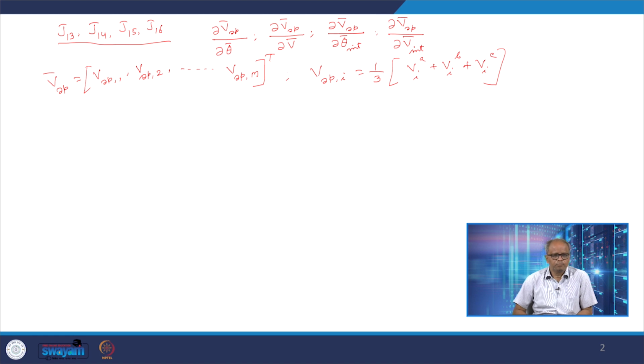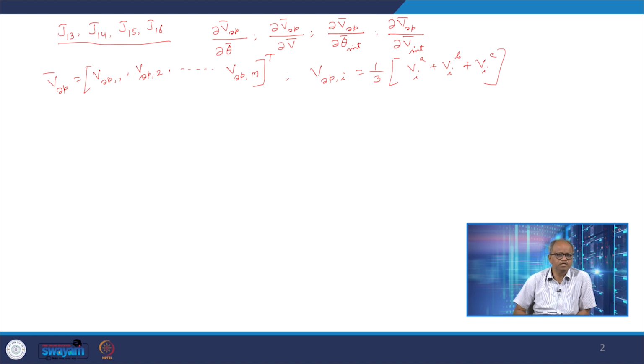By using one single field winding current, it can control only one particular value of voltage by changing the amount of field current. So there can be many functions of the three phase voltage magnitudes. The most common function is the average. So, V specified I is 1/3 of VIA plus VIB plus VIC.